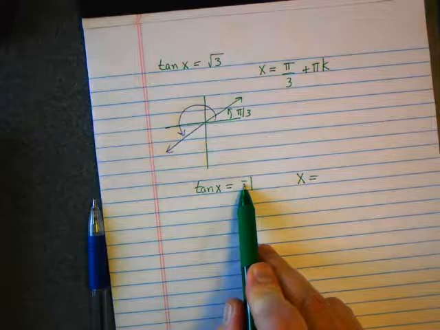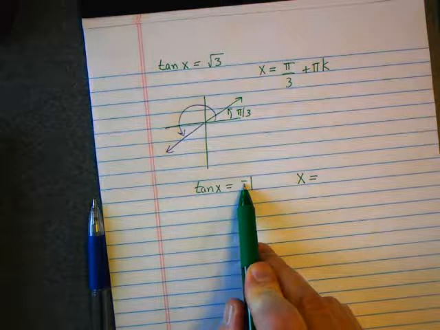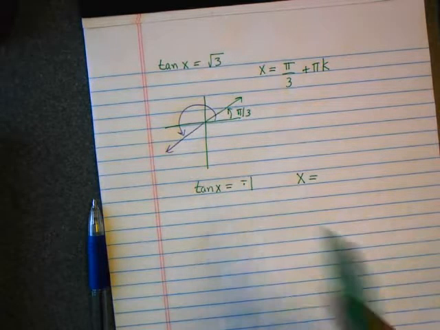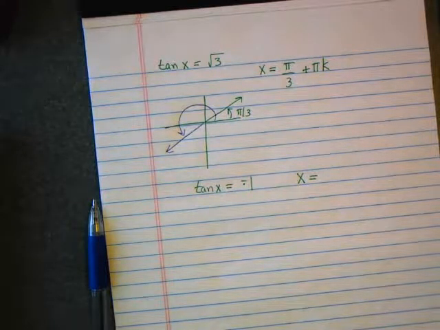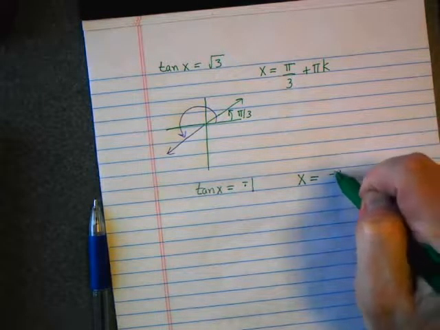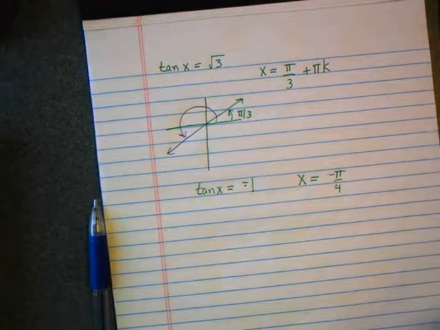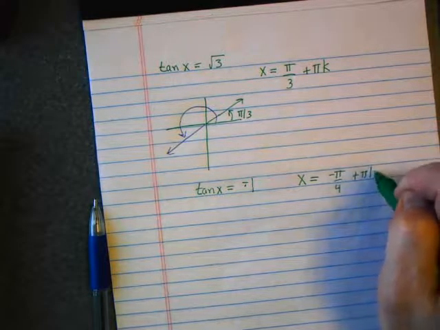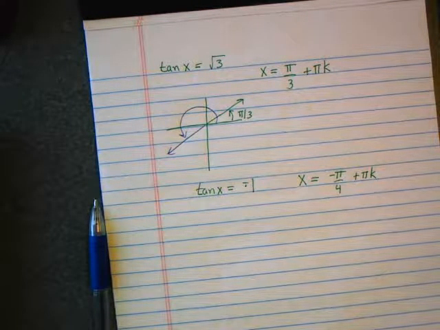Negative pi over 4. Why negative pi over 4? Because that's a negative, so I need an answer in quadrant 4 or an answer in quadrant 2. So looking on my table, pi over 4 gives me a 1, but because of the negative, I need a negative pi over 4. And then plus pi k, that's all you need. You only need one answer. Always going to be that easy.